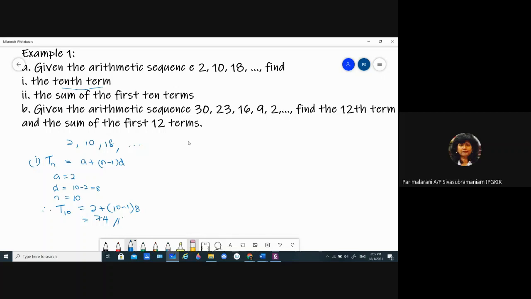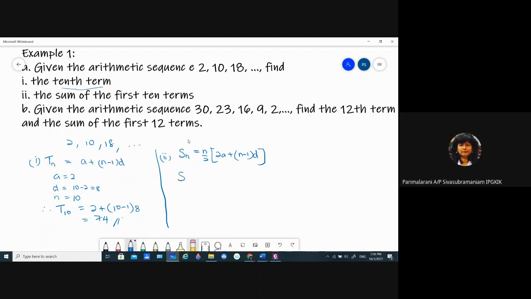So we have done the first part. Now the second part: the sum of the first n terms. We are going to use the Sn formula. We know that Sn is n over 2 into 2a plus n minus 1 d, correct? We already know a, n, and d, so let's substitute.